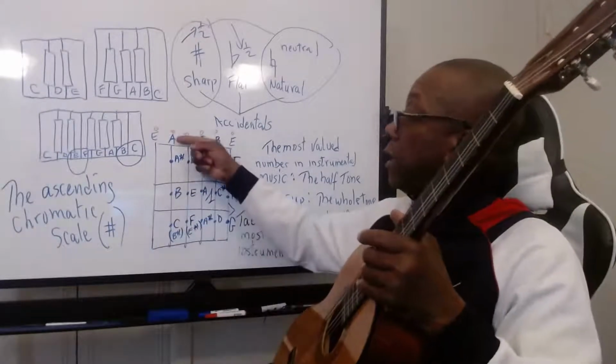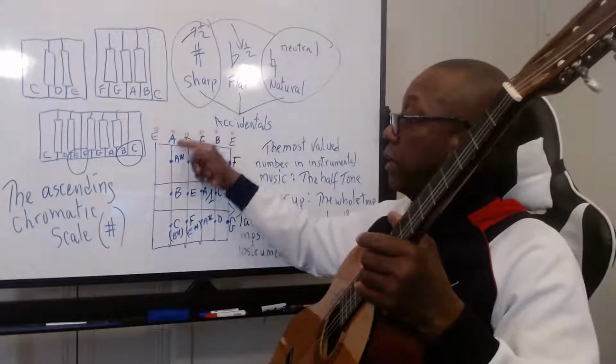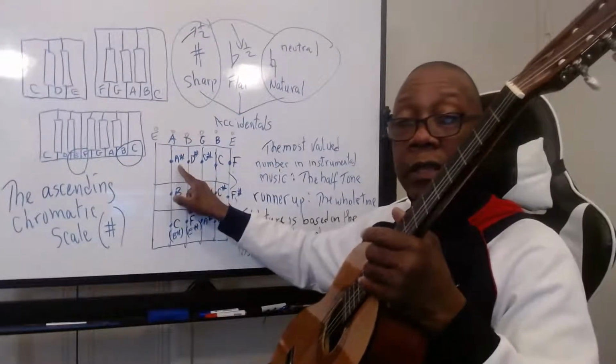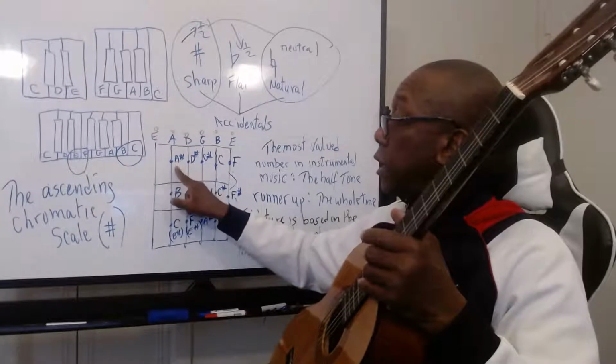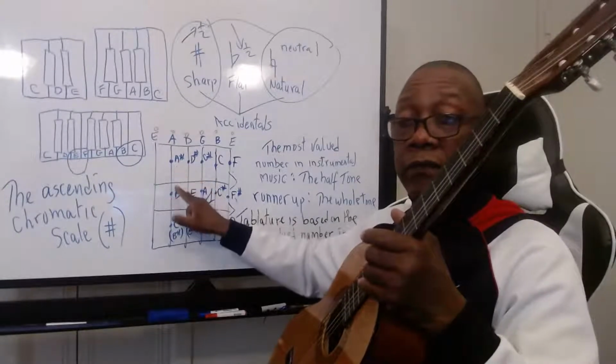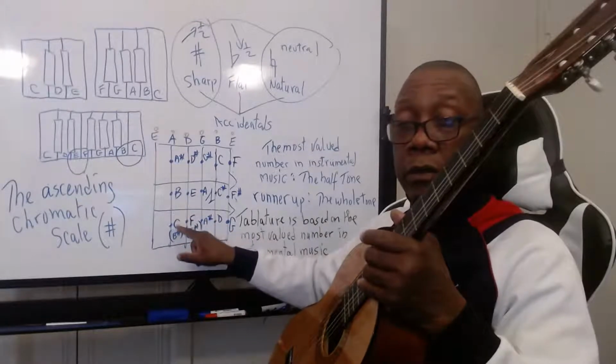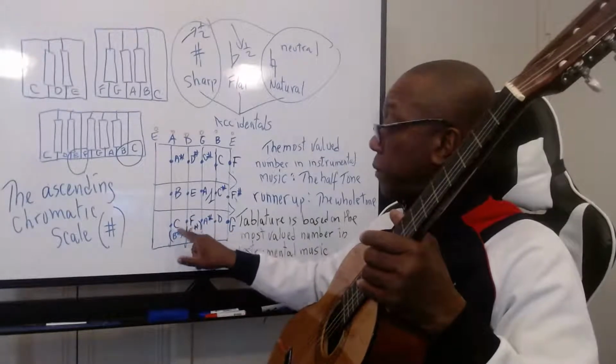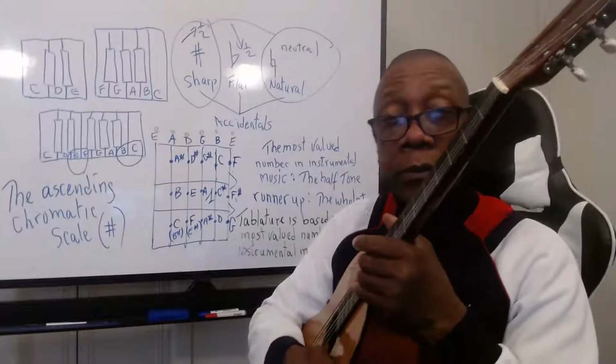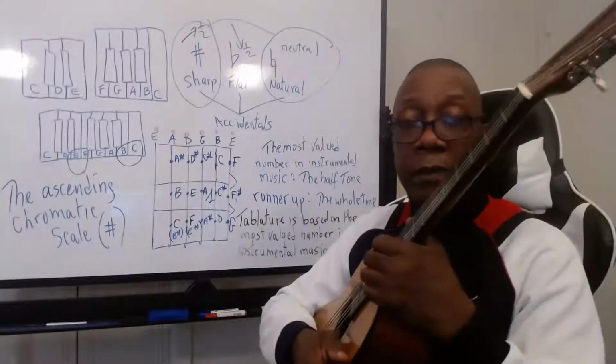So I have open A, and I touch the first fret, and the fifth string becomes A sharp. I touch the second fret, the fifth string becomes B, and the third fret, fifth string becomes C, which is also B sharp, depending on what key I'm playing in.